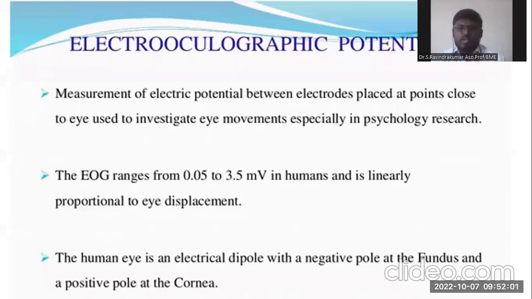The measured potential is the potential difference between the electrodes placed on different sides of the eye, which provides us information on the eye movements, and how the signal is transmitted within the nerve endings, and how those signals provide the functioning of the eye.